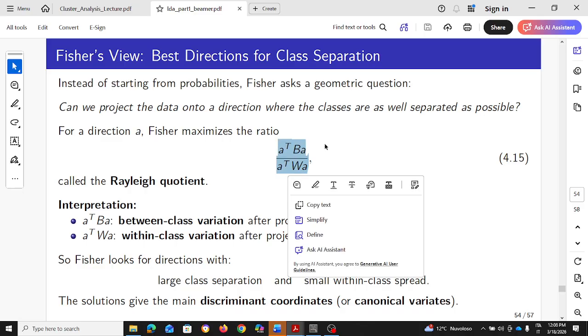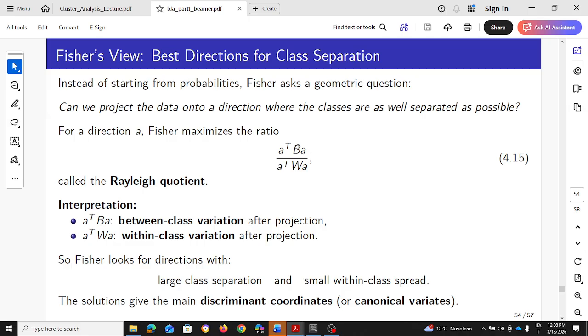So here this is like the between class variation between two classes, okay. So what Fisher is saying, okay, forget about probabilities. We find this ratio: the ratio between two classes divided by the ratio within class.